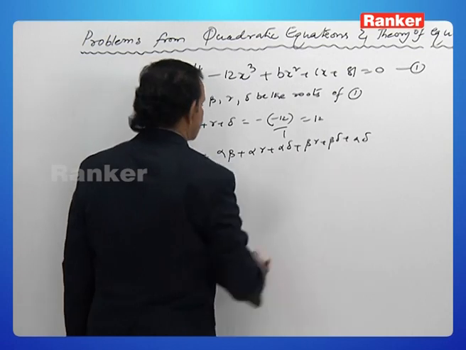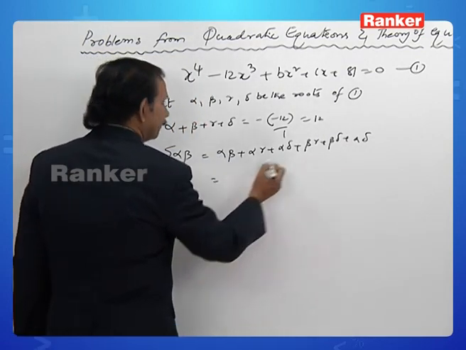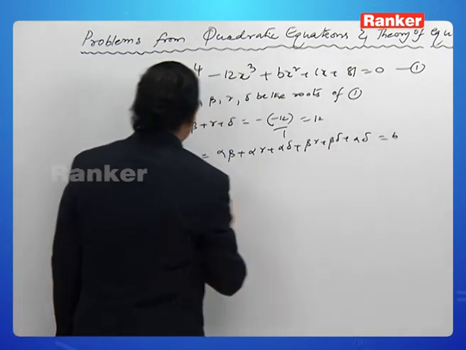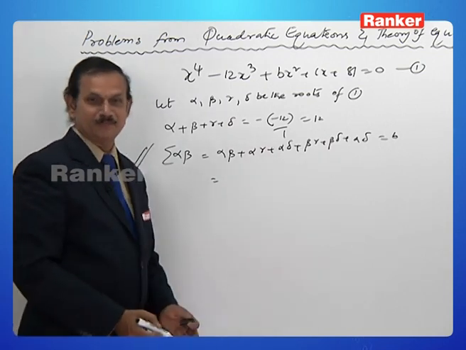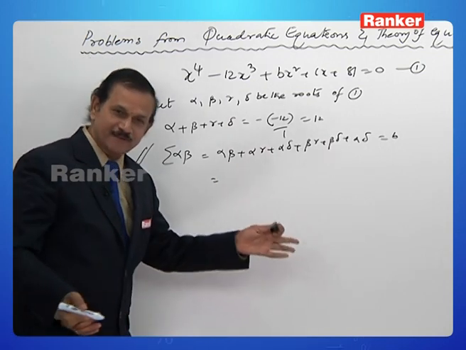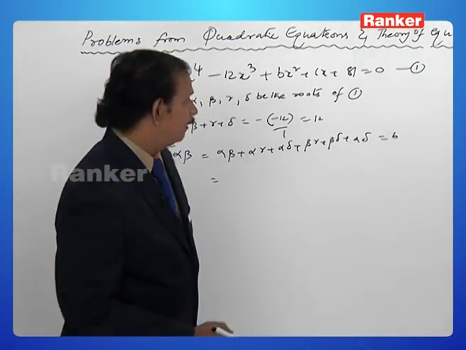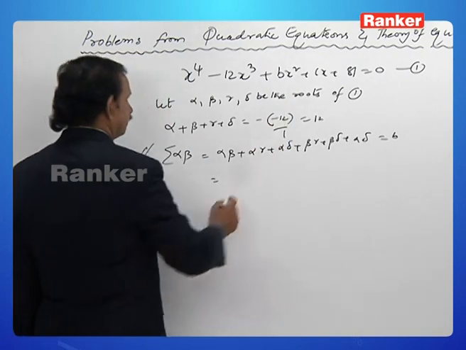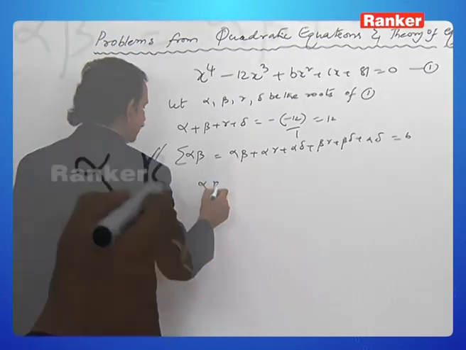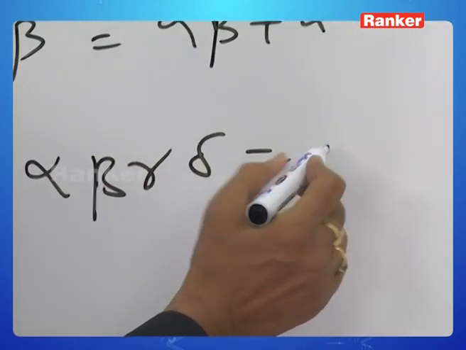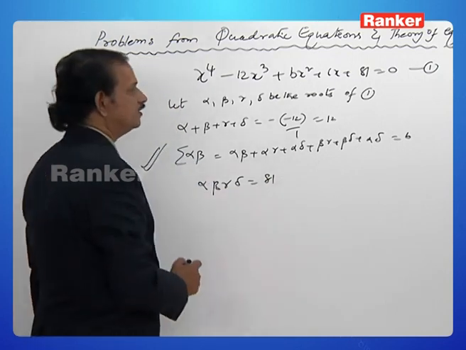They are 6 in number, of course. This is B. This is, of course, the heroine of the problem. That is, this is the thing which we have to find. The value of B we require. Well, as B and C are unknowns here, the last thing that you can have is alpha beta gamma delta. It is 81.